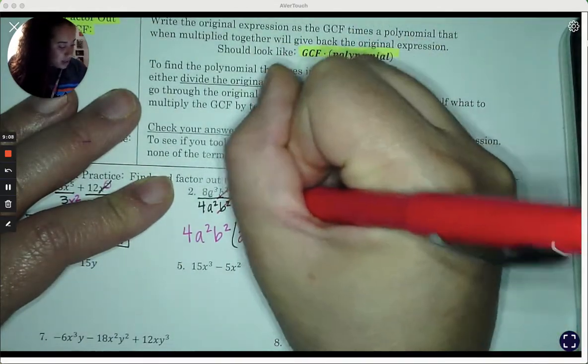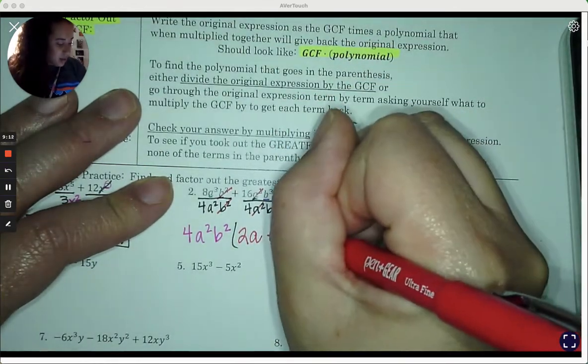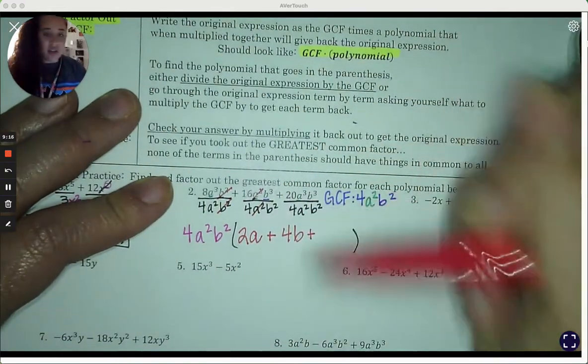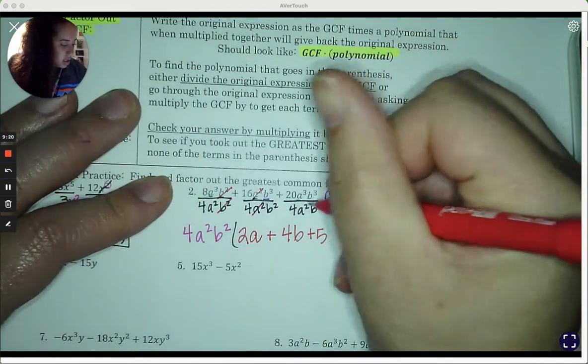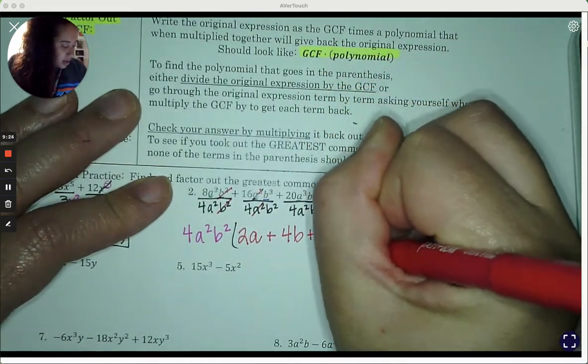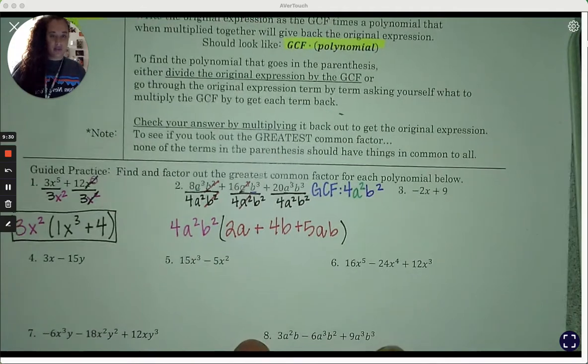The a squareds cancel out. 3 minus 2 is b. Move on to my next term. 20 divided by 4 is 5. 3 minus 2 is 1 for both of them, so I have a, b. So that's my final answer for number 2.